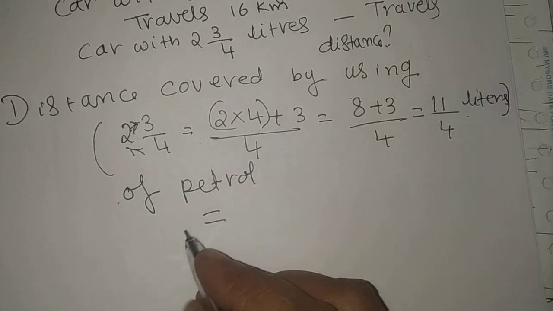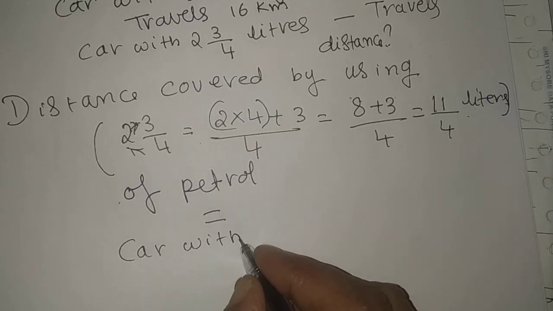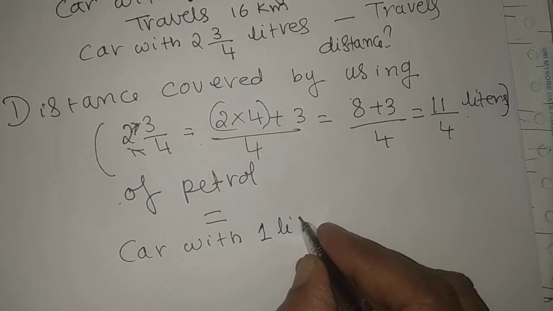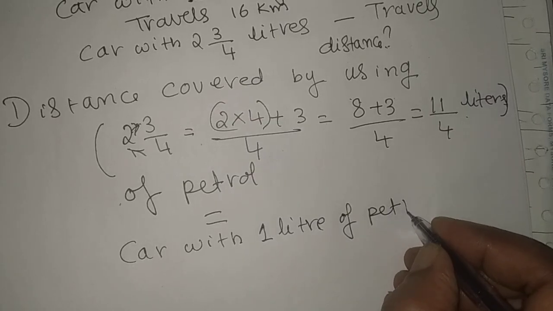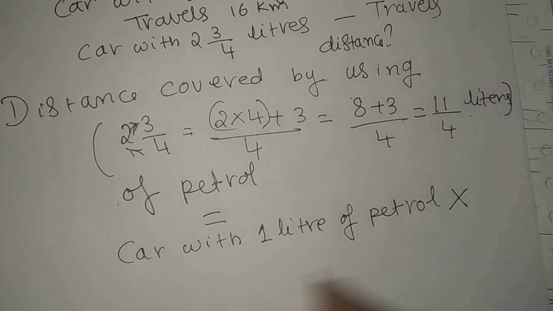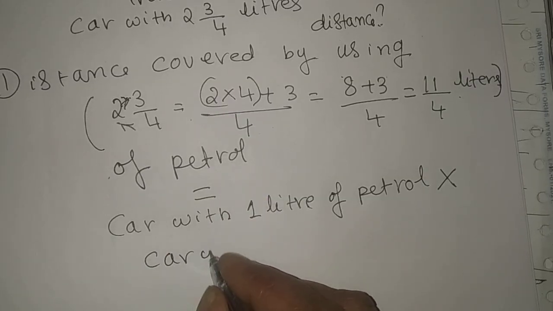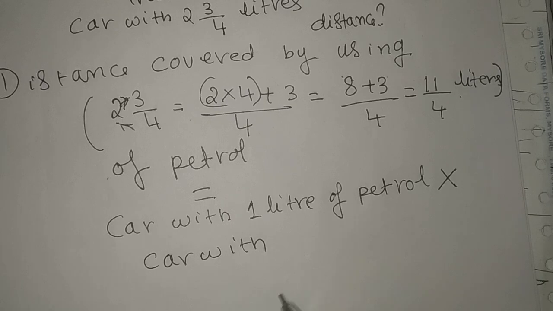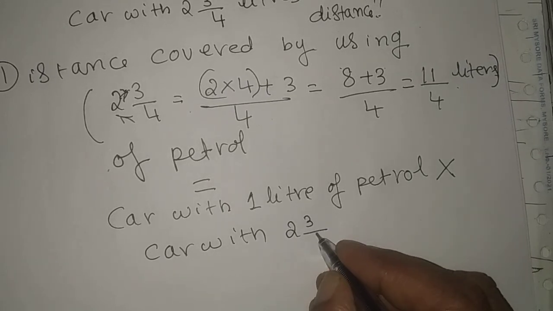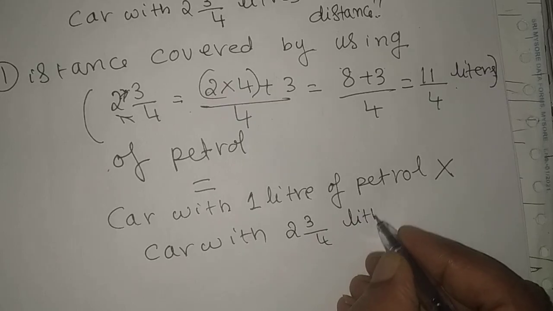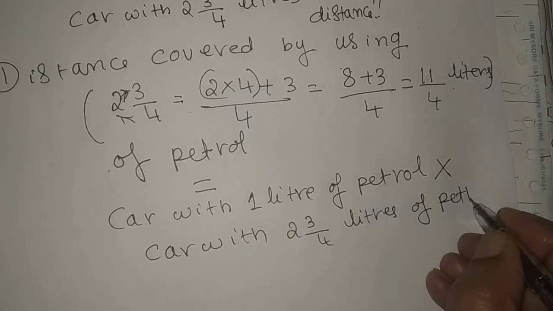So the car with 1 liter of petrol is multiplied by the car with 2 3/4 liters of petrol.